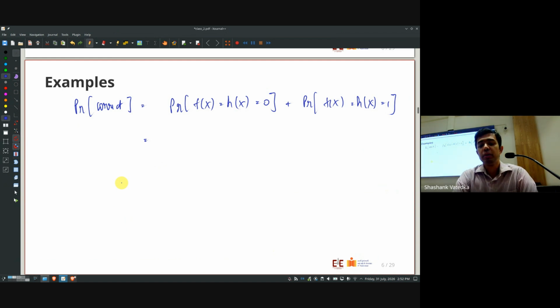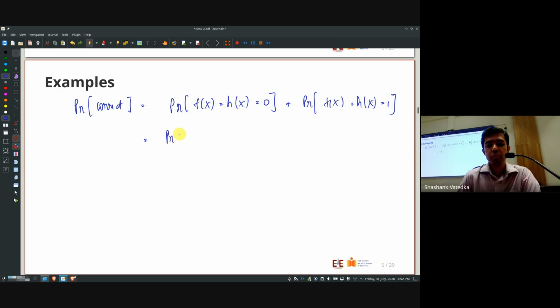So when do you say that f of x is equal to 0 and h of x is equal to 0? When is f of x equal to 0? Correct. So it's f of x is equal to 0 if x lies in alpha star beta star complement. And h of x is equal to 0 if it is in alpha beta complement.